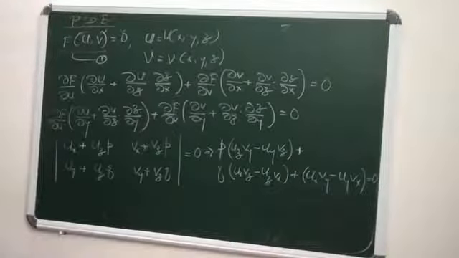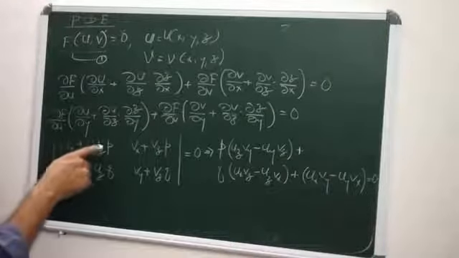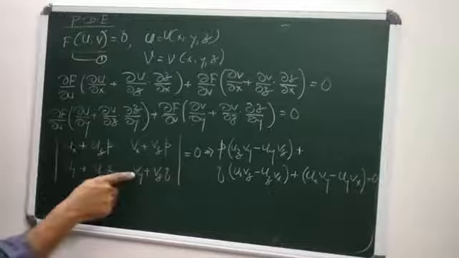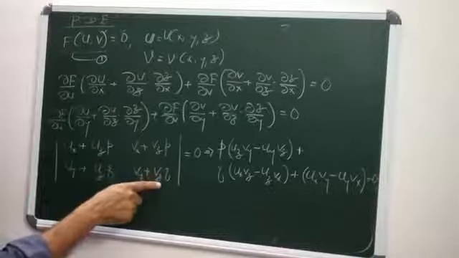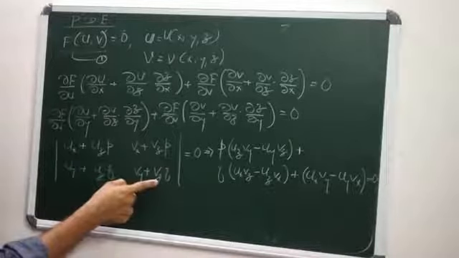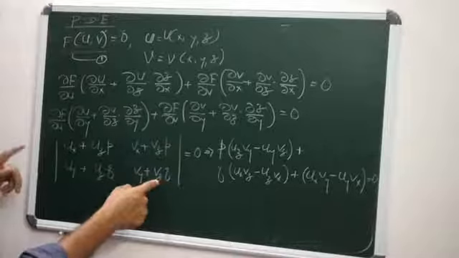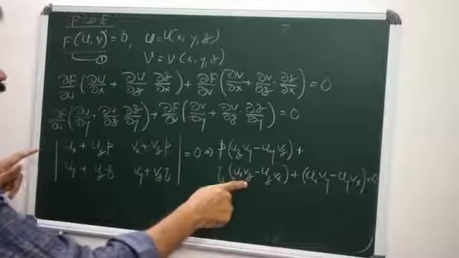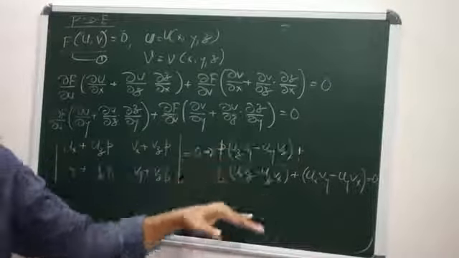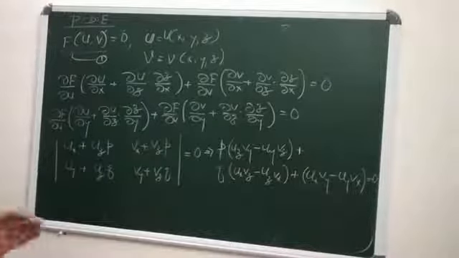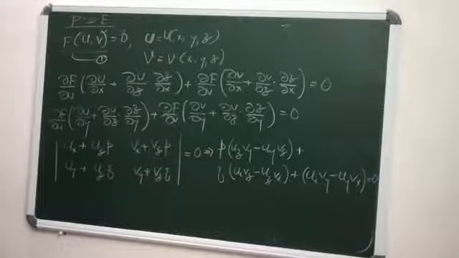If you open it, ux plus p into this one, that is ux vy, that's the term. Uzp vzq. Again ux into vzq, that is q outside, ux vz, and so on. If you open this determinant, you can associate the terms which involve p and q, and the third term is strictly independent of both p and q.